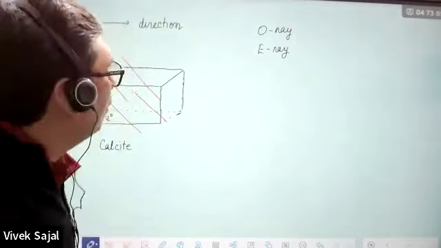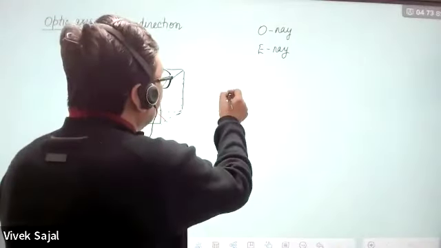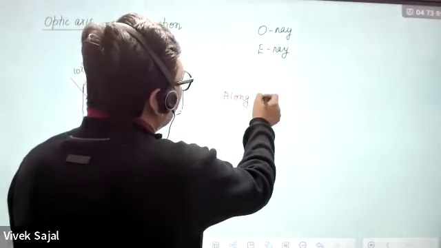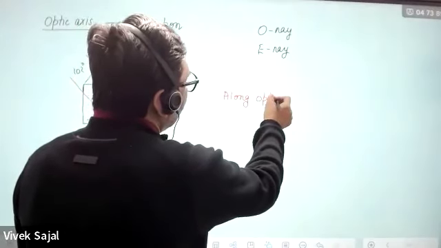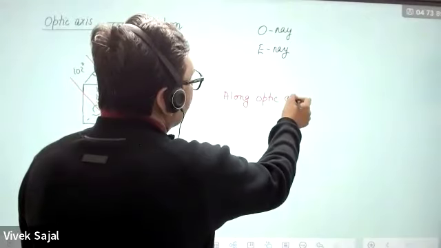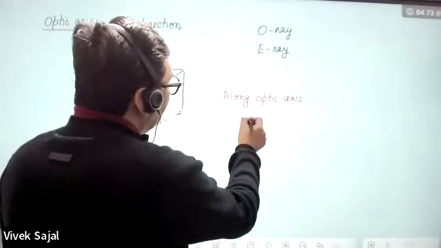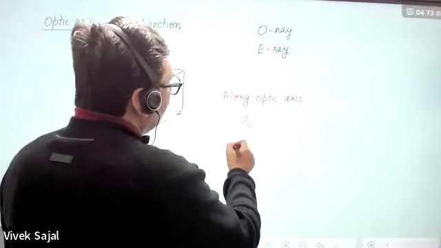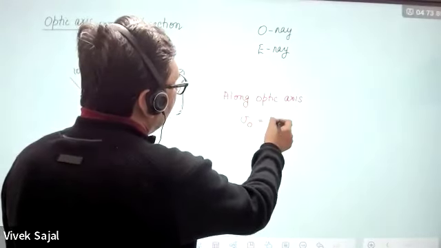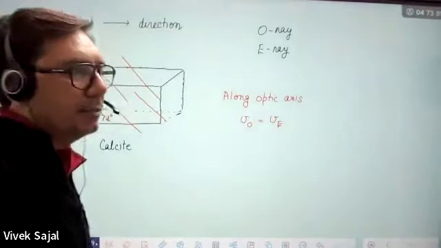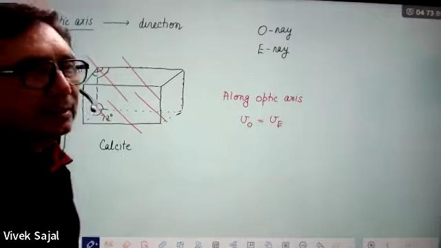So along optic axis, speed of ordinary ray will be equal to speed of extraordinary ray. So in this way, you define optic axis.